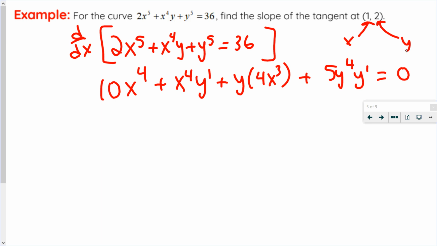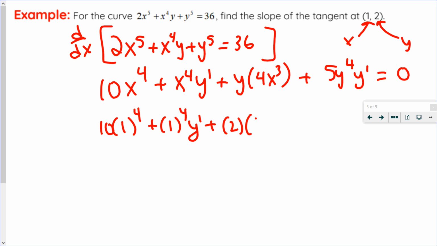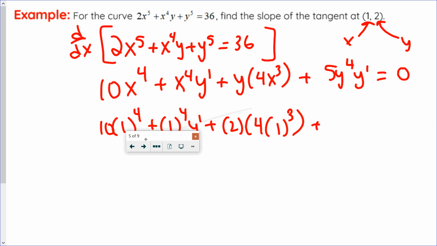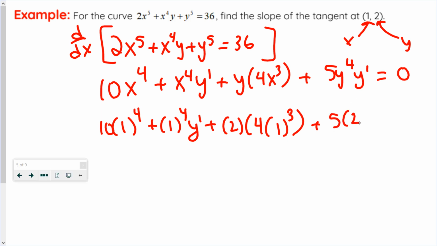So I'm going to have 10x exponent 4 plus x exponent 4 times y prime, which we're going to solve for, plus y times 4x cubed, 1 cubed, plus 5y exponent 4 y prime equals 0. So this is just 10 plus y prime plus 2 times 4 is 8, because 1 cubed is just 1, plus 2 exponent 4 is 4, 8, 16. 16 times 5, 80.